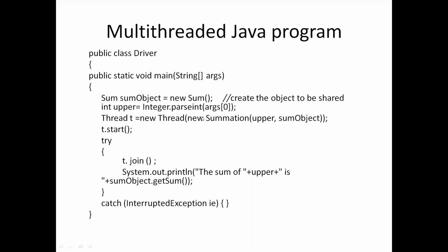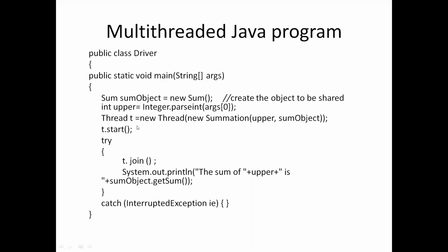Whenever this statement, Integer dot parseInt, is executed, the args of 0, which consists of string 3, will get converted into integer 3. Then that will be assigned to upper. Upper is a variable, and the integer will be assigned to upper.